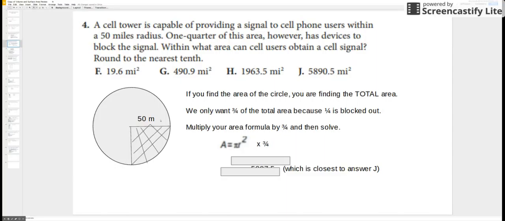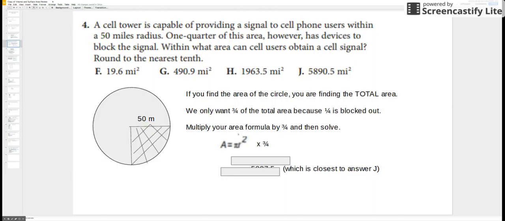So in reality, if you're taking away 1/4 of this whole circle, you only need to find the area of 3/4 of the circle. In other words, you can just take your area formula and multiply it by 3/4. Think about it. You're only finding 75% of the circle's area, or 0.75 of the area.